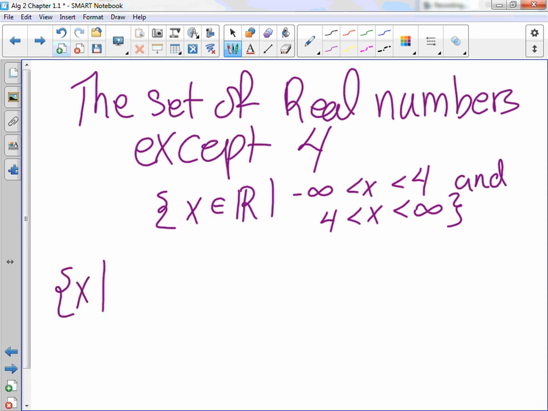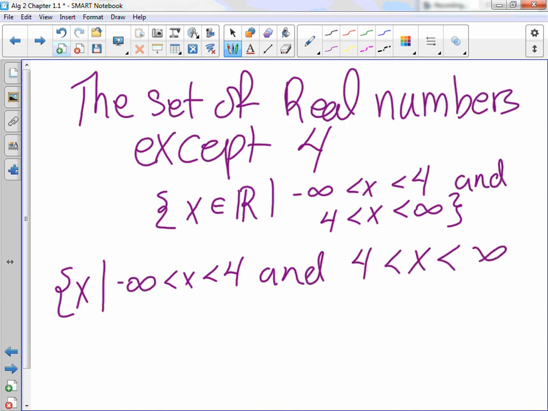So we can say all real numbers x such that negative infinity is less than x is less than 4, and 4 is less than x is less than infinity. Yep. But when we say x is a part of the real numbers, what are we saying? It's a part of everything on a number line, right? So what are we saying it can't be?